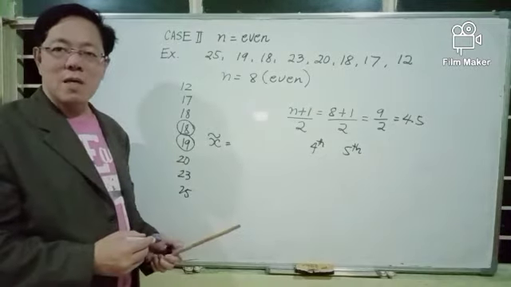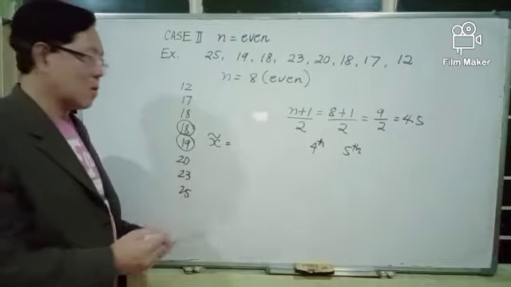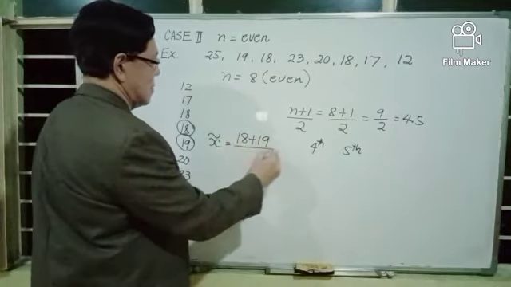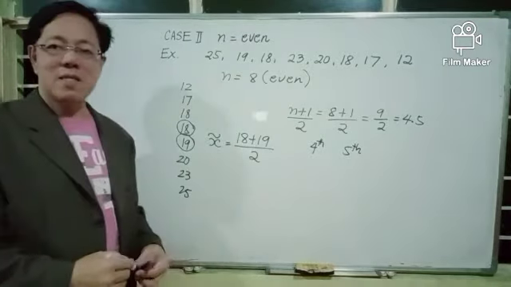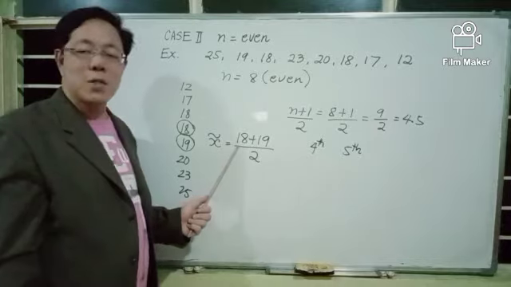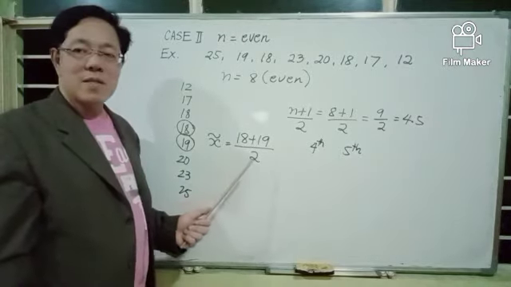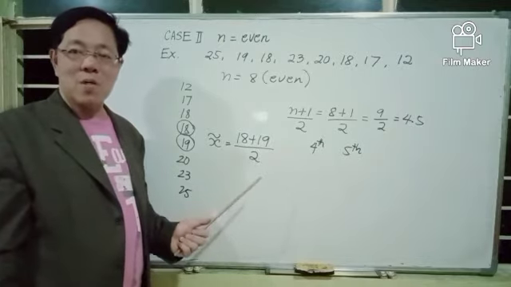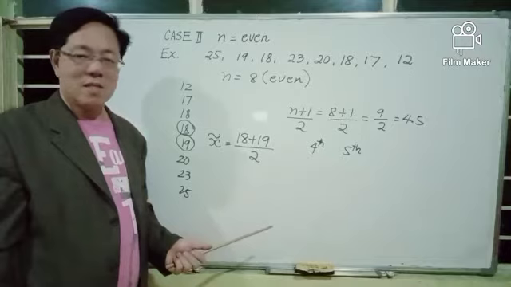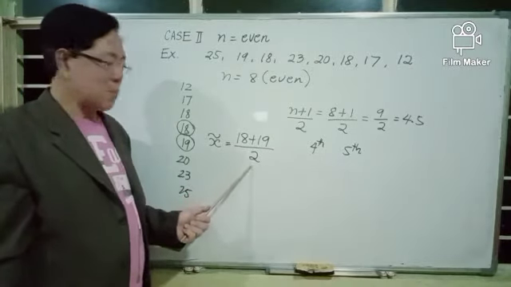That means you add 18 and 19, the fourth and the fifth scores, and divide the sum by 2. The divisor is 2 because we only have added 2 scores or 2 values. And the mean is defined as the sum of the scores divided by the number of scores that are added. In this example, we have added 2, so we divide by 2.